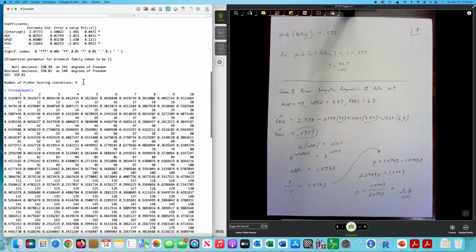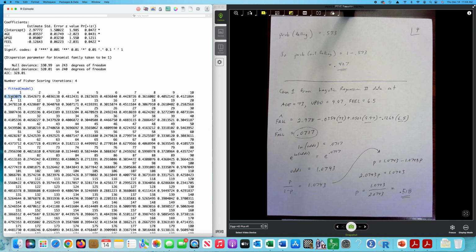But if you're finding probability, the fitted model would be the value that corresponds to the probability of this person reporting a fall. And of course, the probability of them reporting a not fall would be 1 minus 0.518, which would be 0.482. So they would be easy to do, just subtract from 1.